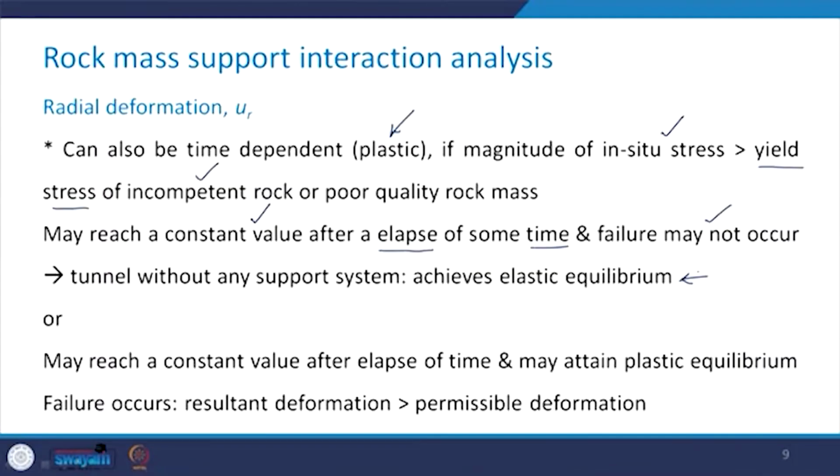Or it may reach a constant value after the elapse of time and may attain the plastic equilibrium. In this case, the failure will occur and the resultant deformation is going to be more than the permissible deformation.